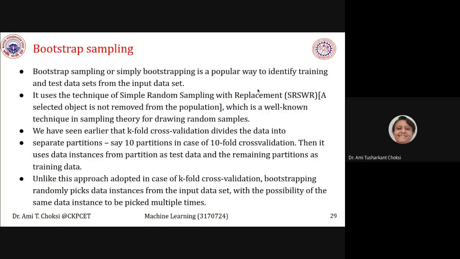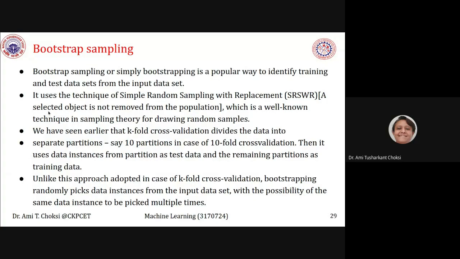Now let us start with the third, that is the bootstrap sampling. What is that? Bootstrap sampling or simply bootstrapping is a popular way to identify training and test data sets from the input data set.